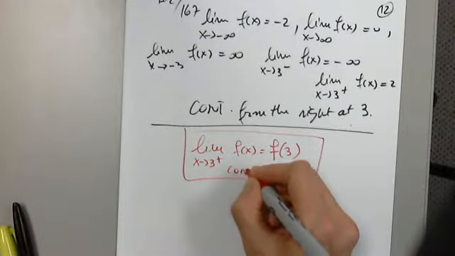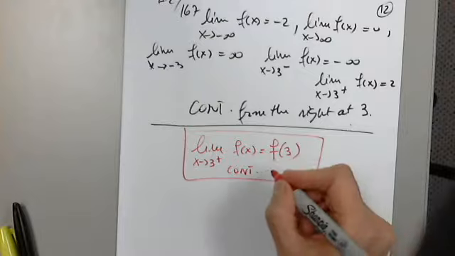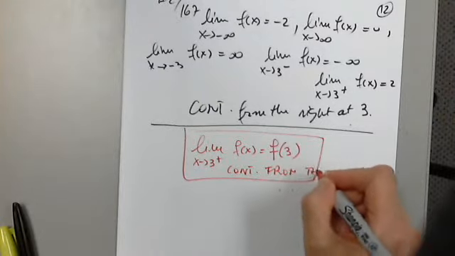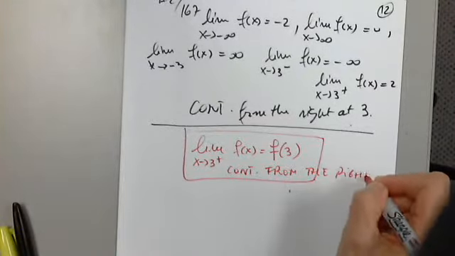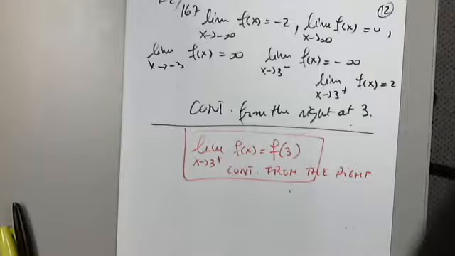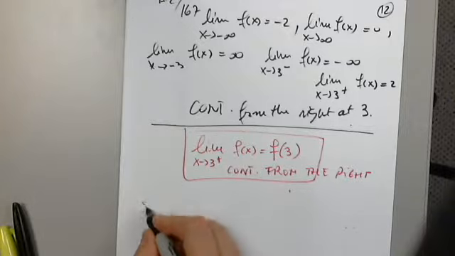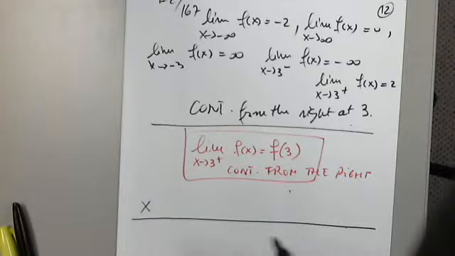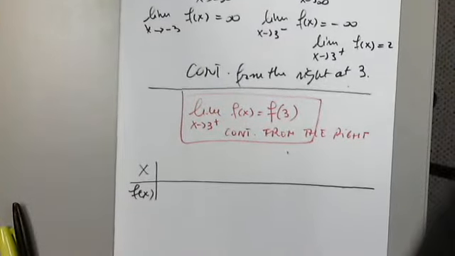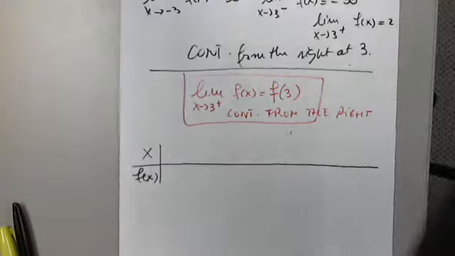So this is continuity from the right. Please remember this. Good. So now I'm going to organize all my information so I can make sense of it. Step by step, I'm going to put them in this table.